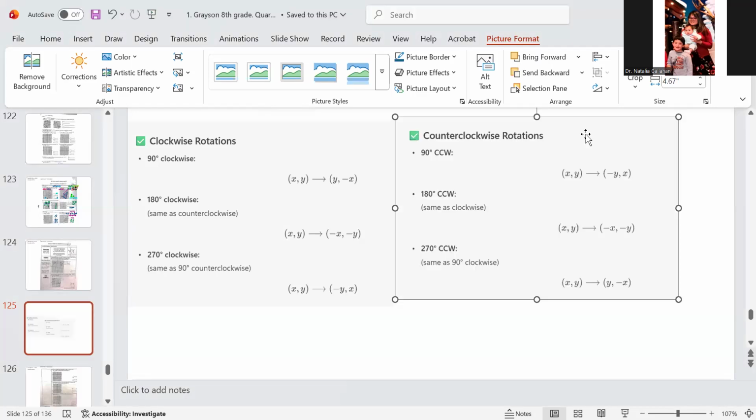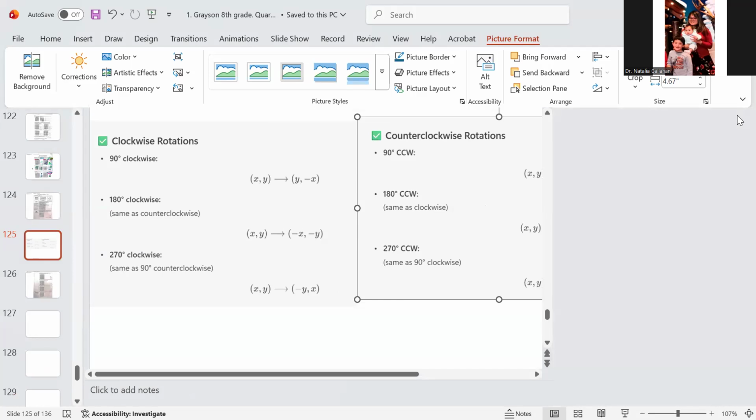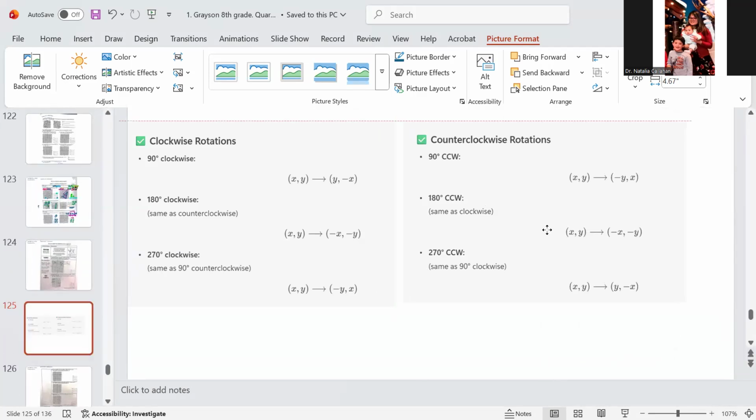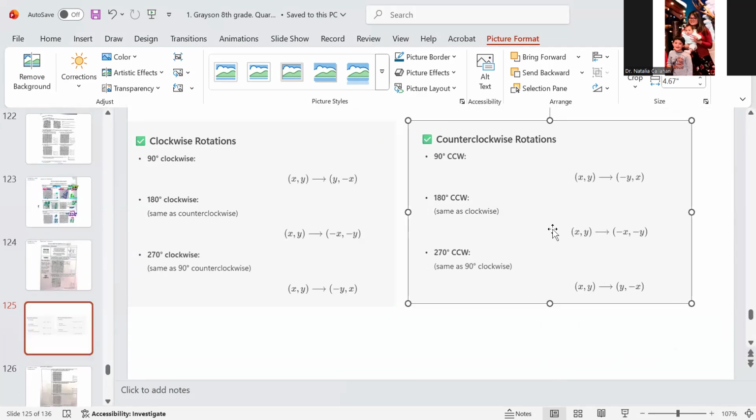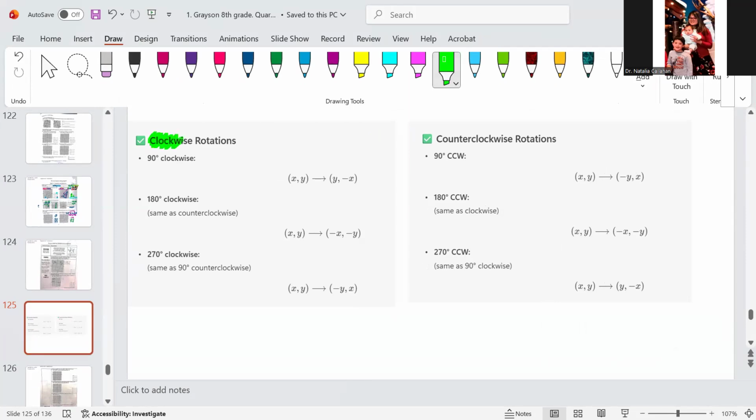All right, so you have clockwise and then counterclockwise. Let's take a look at the difference. This is for a clockwise rotation: 90 degrees, 180 degrees, 270 degrees.